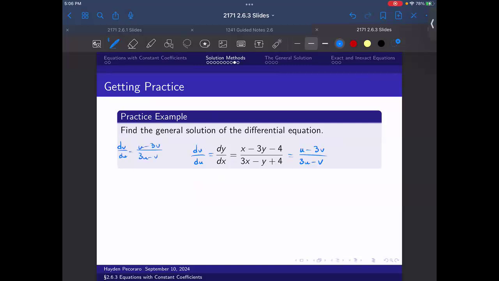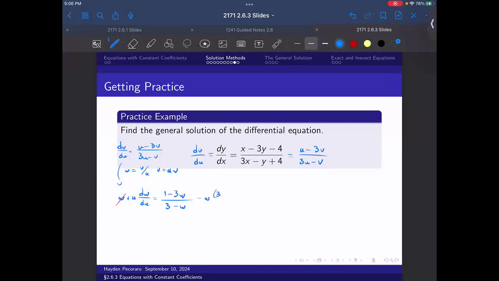And now transform it into a separable one using the substitution w equals v over u, so v equals u times w. We know this one, so I'll just write down what it turns into: w plus u dw/du equals (1 minus 3w) over (3 minus w). Okay, for a little bit over time, I want to get through this quickly.